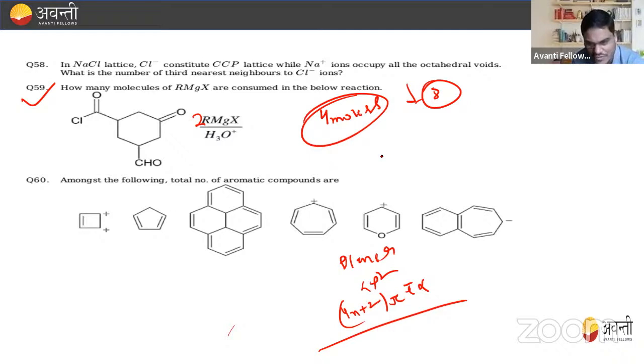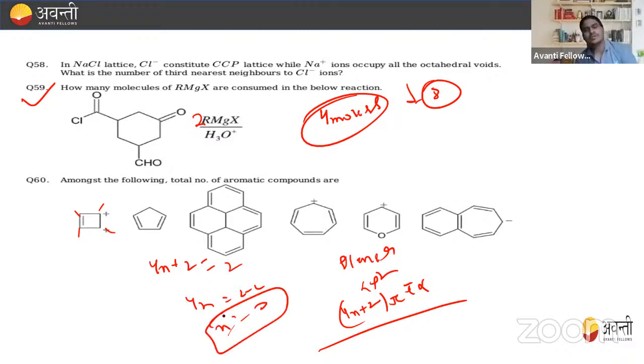It has this type of configuration, 4n plus 2, and every atom is sp2. Yes, this one has sp2, sp2, sp2, sp2, and it is planar in nature. So will they follow the 4n plus 2 pi rule? For example, 4n plus 2 pi electrons, equal to how many? It is only 2. So 4n is equal to 2 minus 2, that is 0, so n is equal to 0. This will not follow.